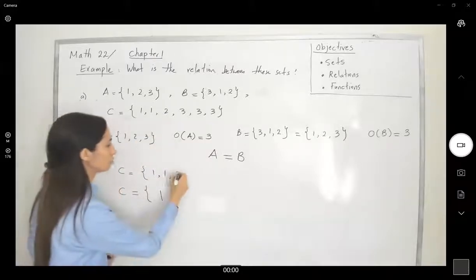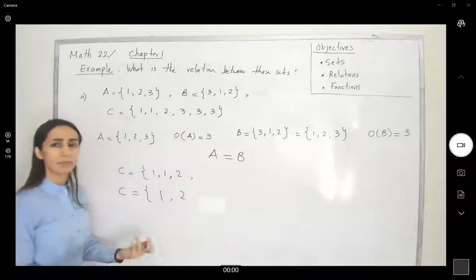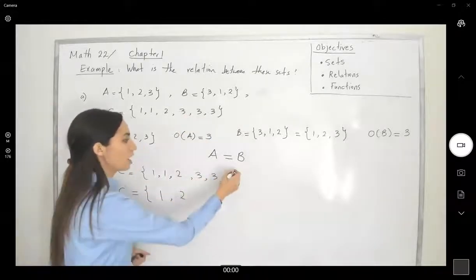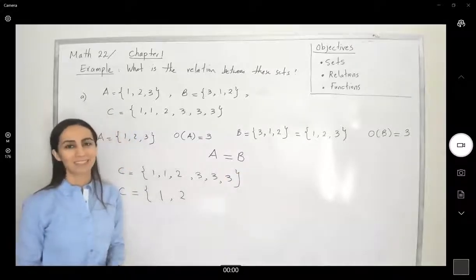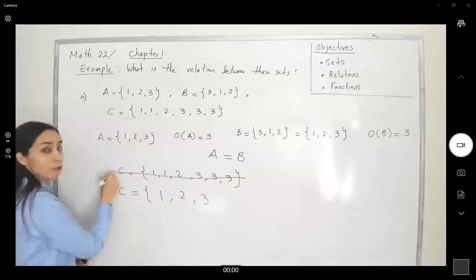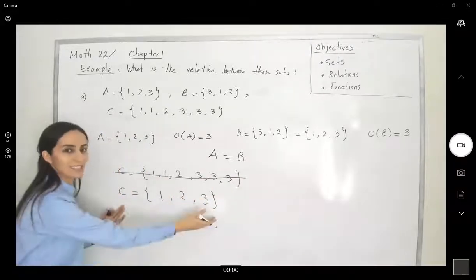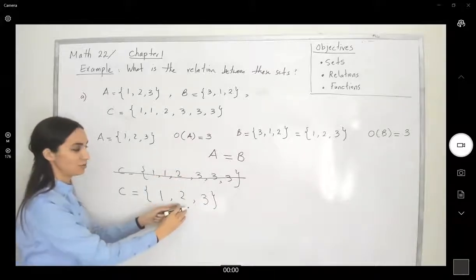I have 2 repeated ones. I'm going to write down 2. 3 is repeated 3 times. I can take one of these 3s to represent 3 in this set. So I'm going to forget about the original set C. My set C can be written as 1, 2, 3.